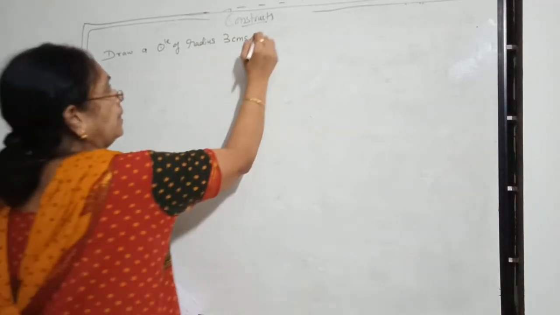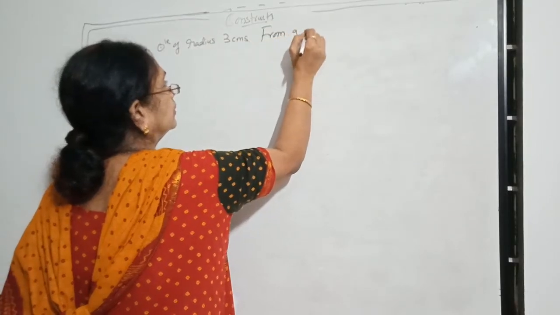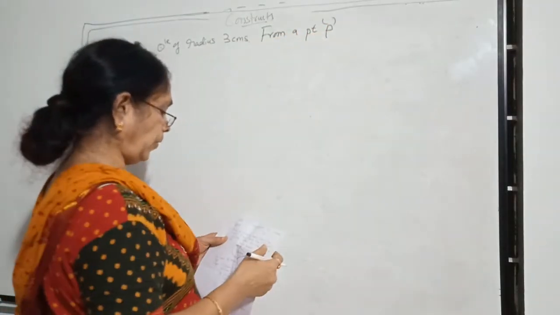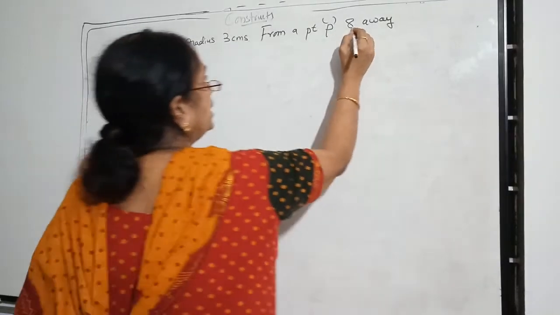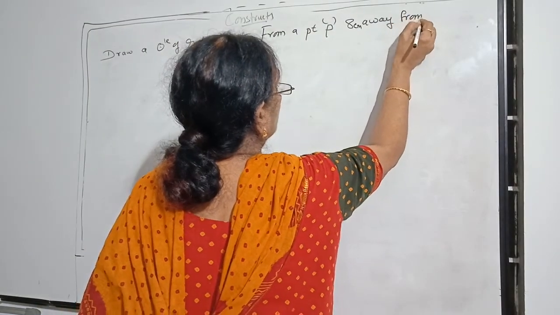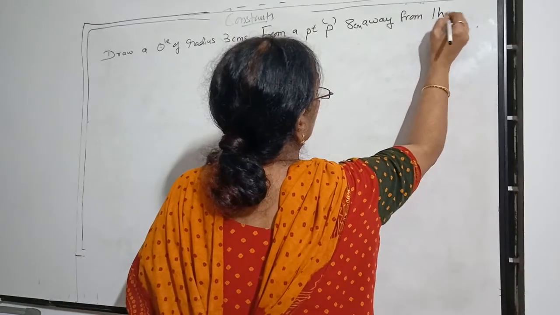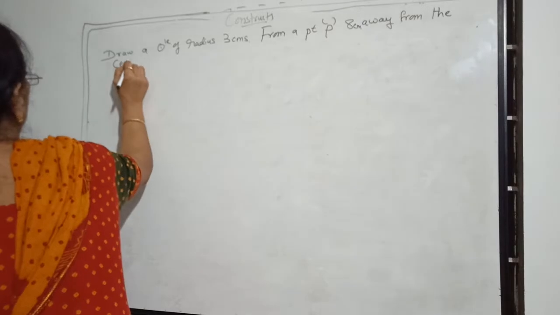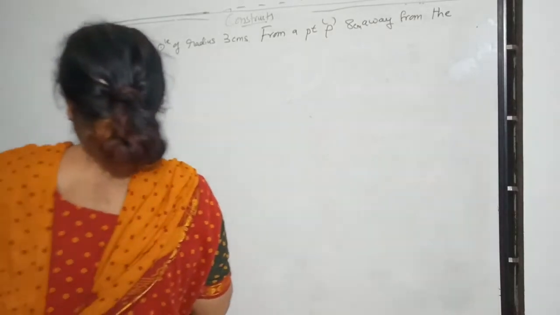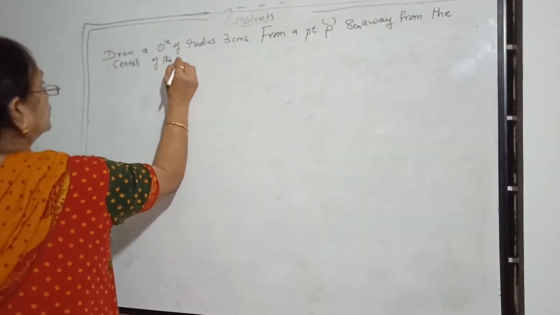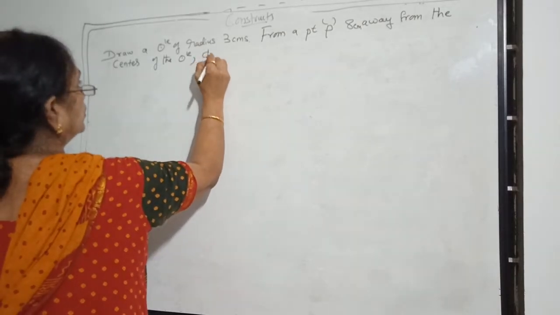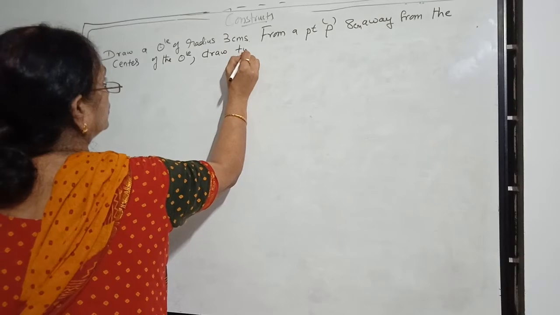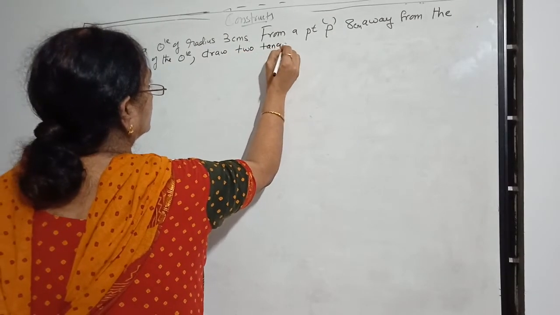From a point P, 8 centimeters away from the center of the circle, draw 2 tangents to the circle. This is important.